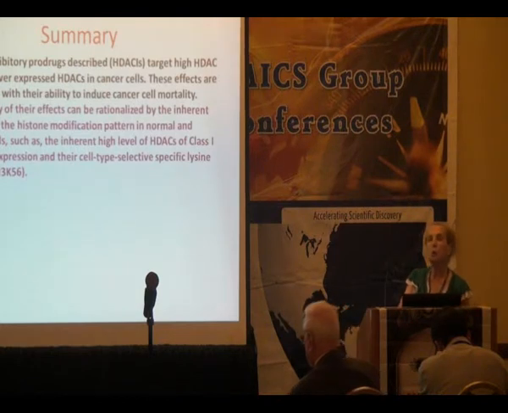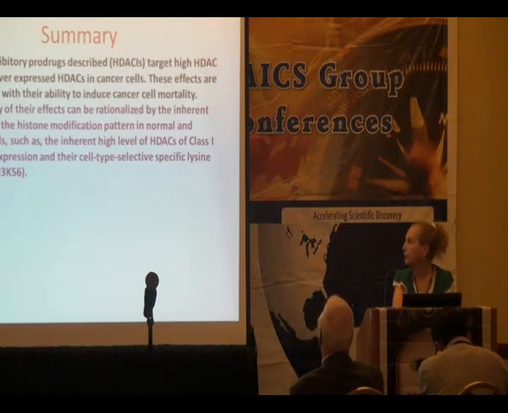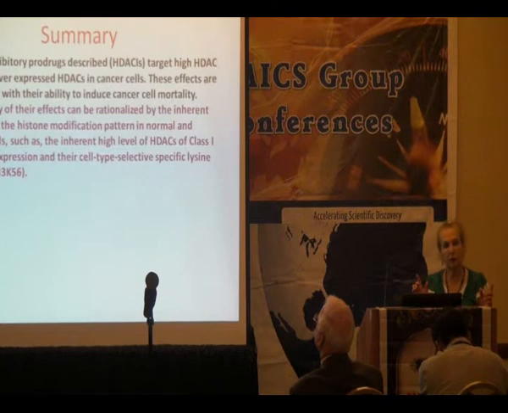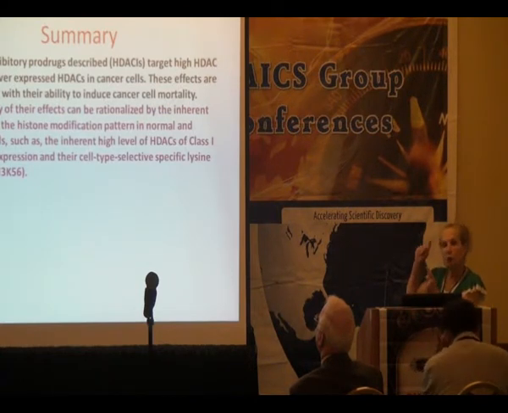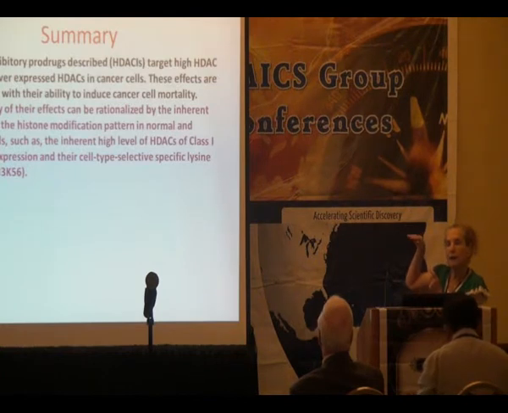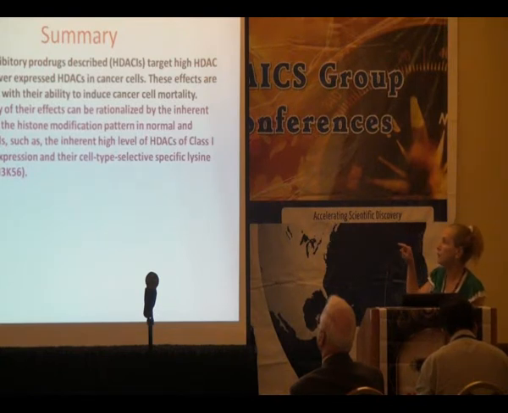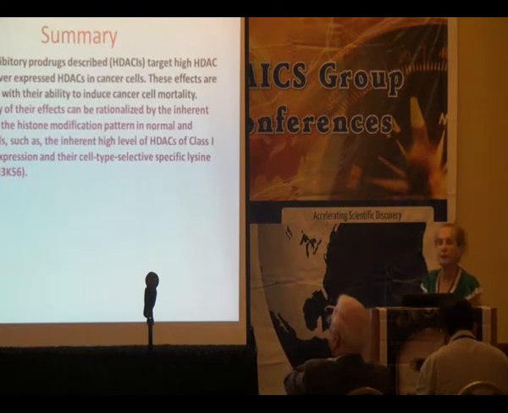And we see specific selectivity by the fact, if I didn't emphasize it enough, that in tumor, while we increase overall total acetylation of H3, we specifically decrease the acetylation of lysine H3K56 that plays a major role in DNA repair.